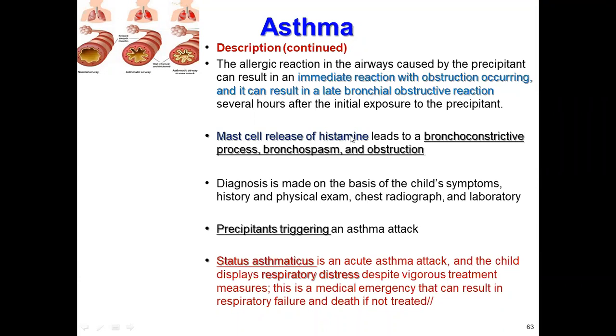So if a patient has chronic inflammation and an acute attack occurs, the mast cells are activated and release histamine. And this histamine leads to bronchoconstriction, bronchospasm, and obstruction. And the patient develops asthma.